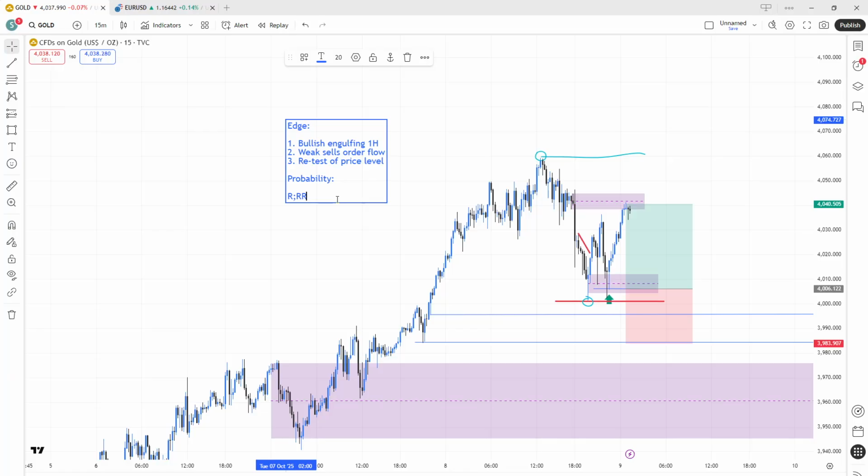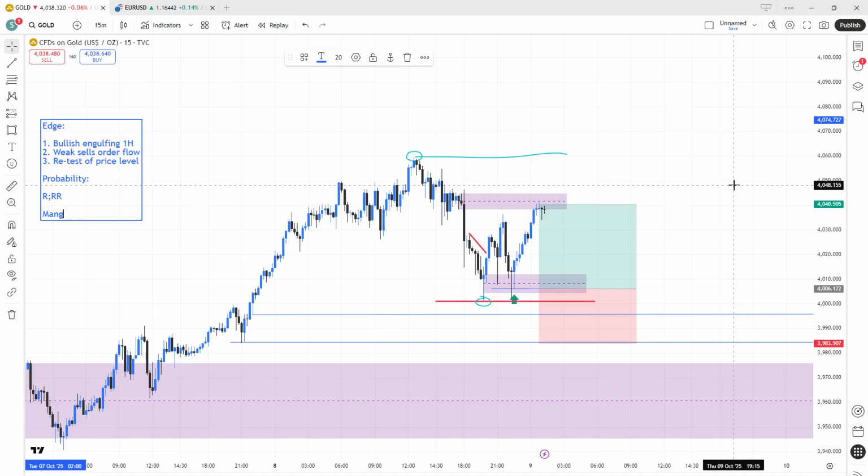We have the edge, we have the probability, and then it's just management. I hope this bullish engulfing candle edge will help you, especially with the weak sell-side order flow.